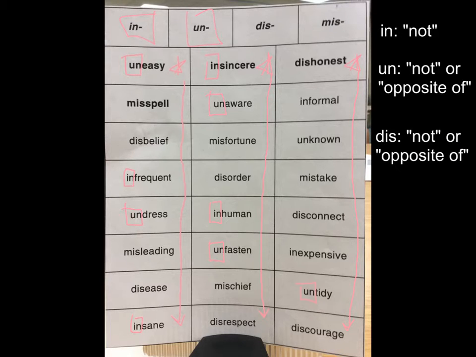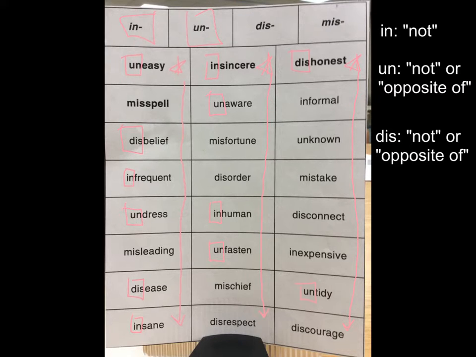Dis is also the same thing when dis is added to the beginning of a base word, meaning not or opposite of. So here in the word dishonest, you are not being honest. First column, disbelief. Belief meaning that you think something is true, so disbelief would be not thinking something is true.